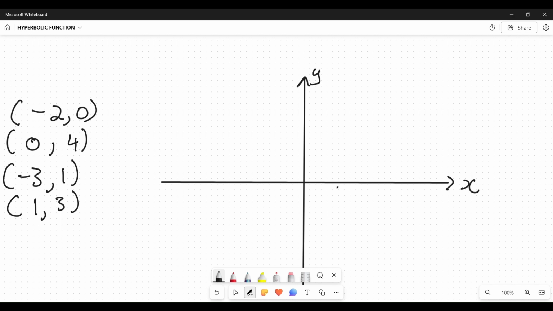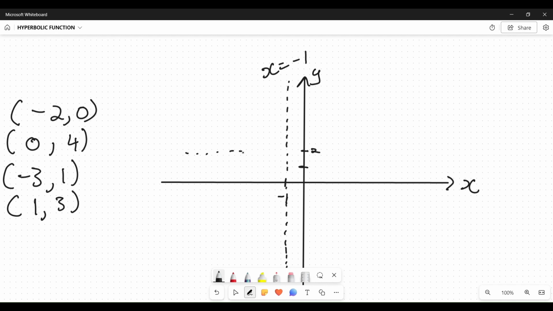So now the first thing is to draw the asymptotes. Now suppose this is our -1, then this will be our vertical asymptote, x equals to -1. Then suppose this is 1, 2.